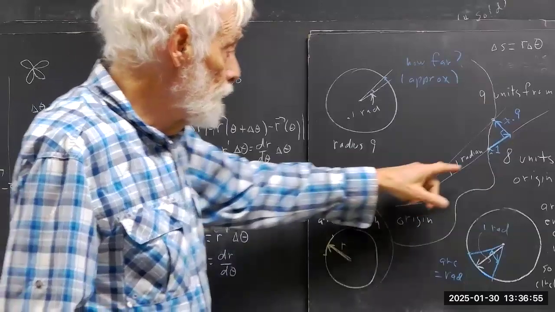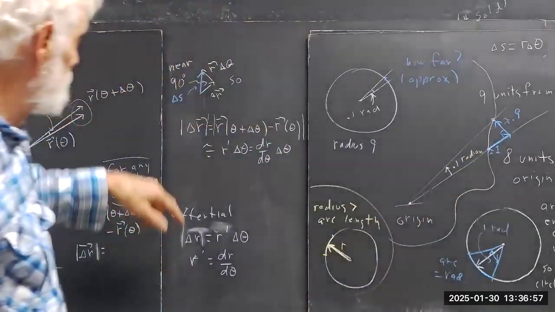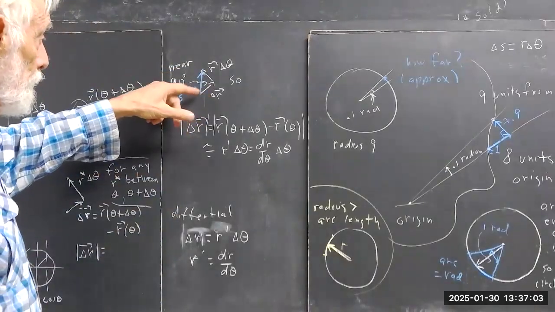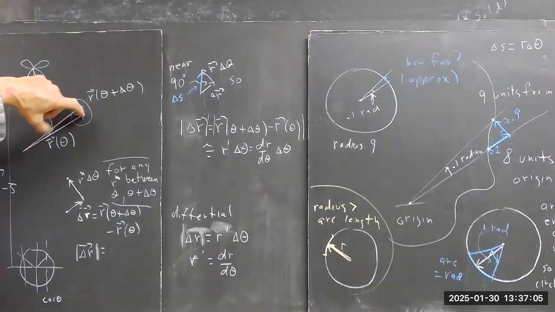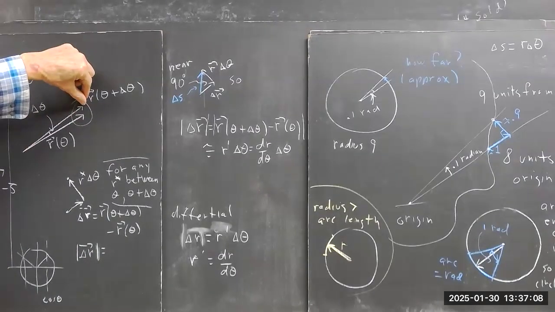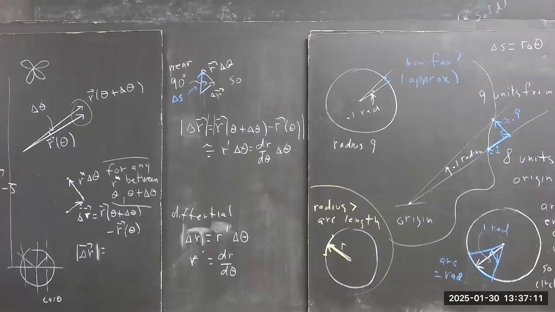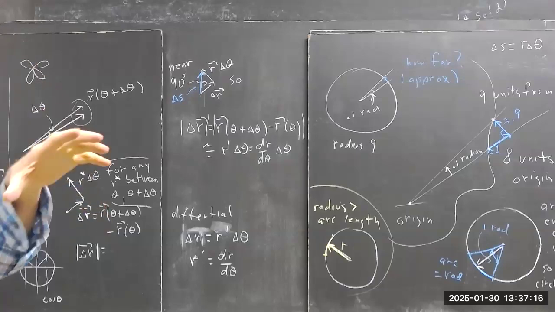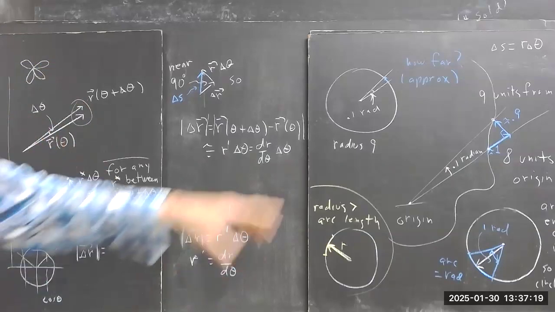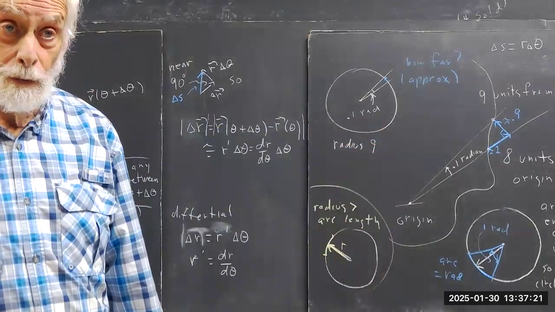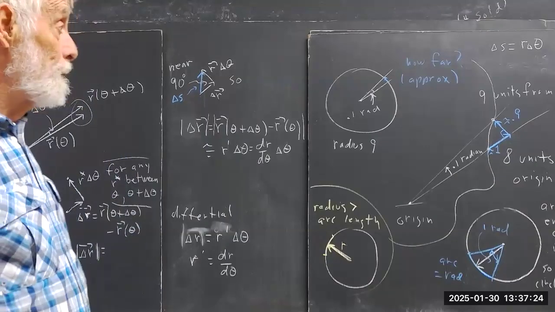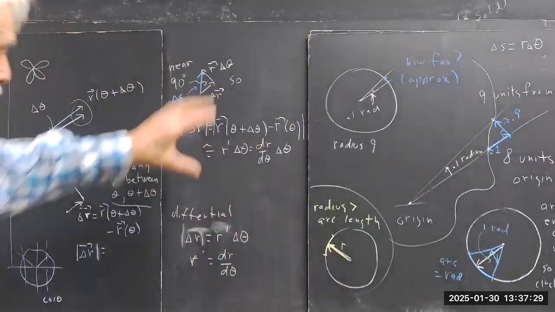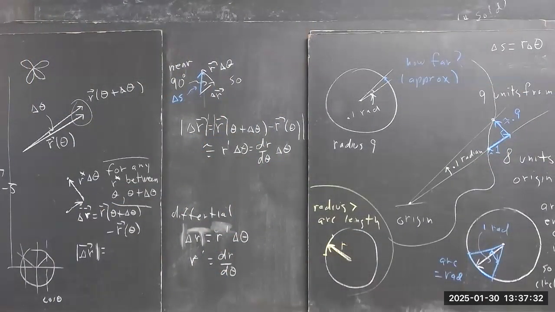So these two points here, the polar coordinates would be theta, R of theta, and theta plus delta theta, R plus delta R. It gets a little heavy in notation, but if you keep coming back to the geometry and the idea of what's going on here, and relate everything to this picture, it's as simple as delta S equals R delta theta, but the notation looks heavy. Okay. That's all it is.